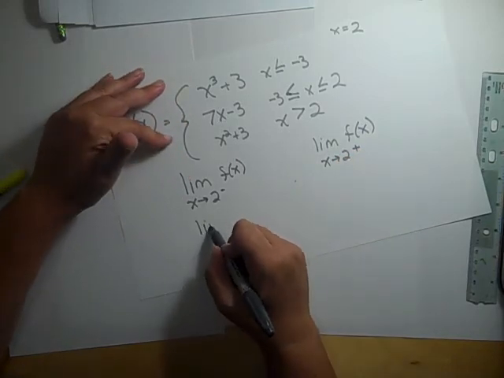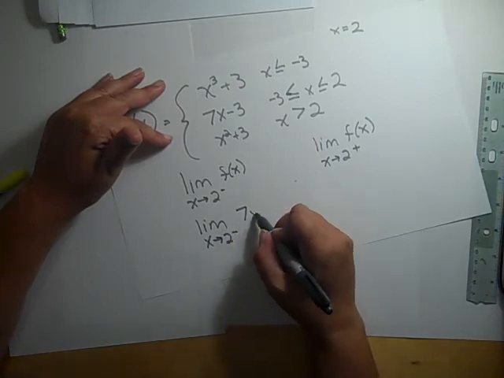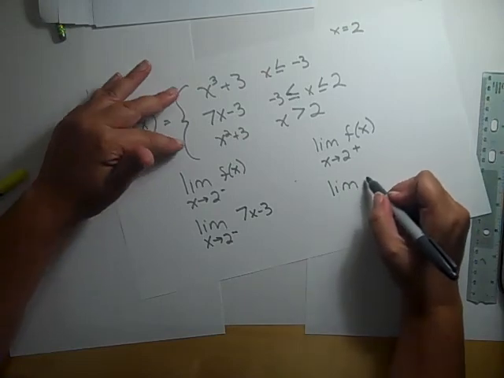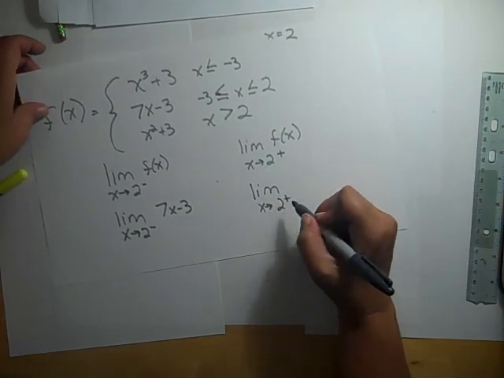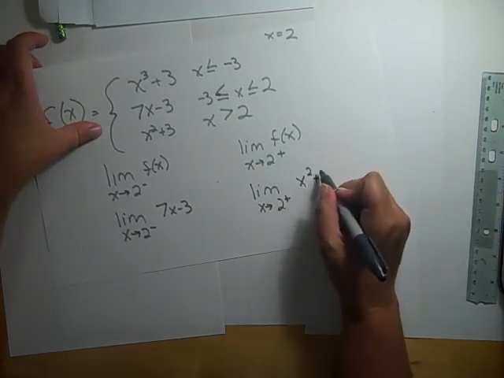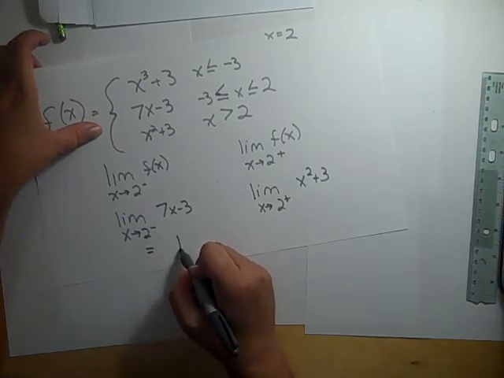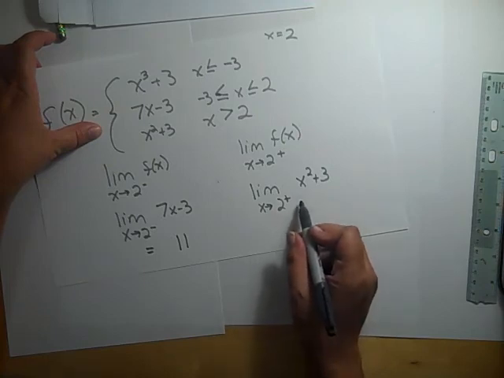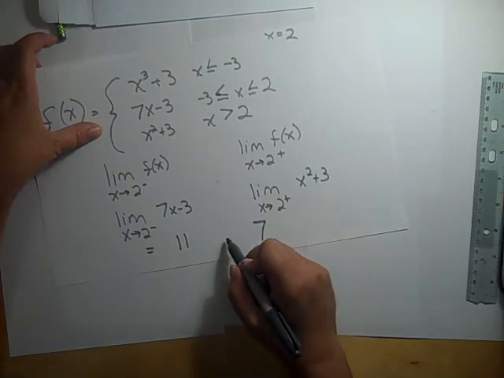So that would mean the limit as x approaches 2 from the left of 7x minus 3, if this were continuous, would equal the limit as x approaches 2 from the right of x squared plus 3. This equals, let's plug and chug, 11, and this equals, I just drew a blank, 7. So those do not equal.